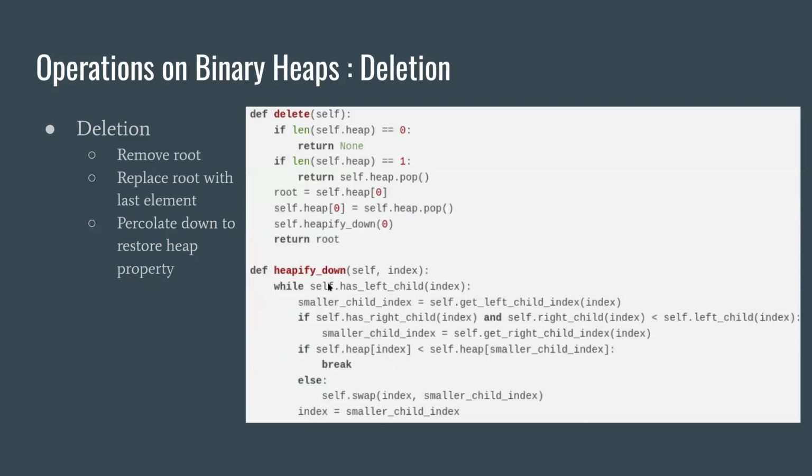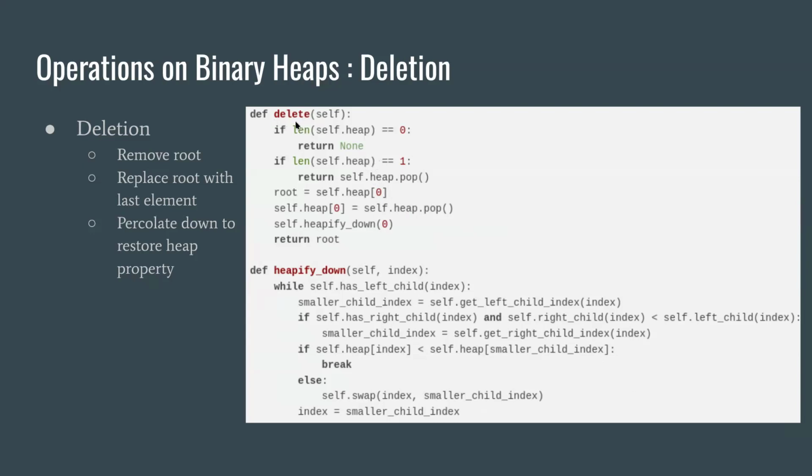Operations on binary heaps, deletion. And so the next operation we're going to talk about is deletion. In order to delete the root element, we can replace it with the last element and then compare this new root with its children.